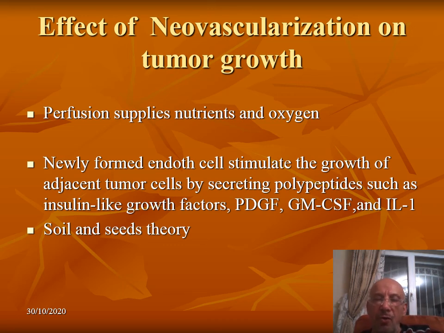So the common organs that the tumor goes to are the liver, the bone, and the lung, but it rarely goes to the spleen, the myocardium, or the skeletal muscles. So there is a theory called the soil and seed theory. The seeds are the malignant cells, but they need the proper soil for them to grow and to proliferate.